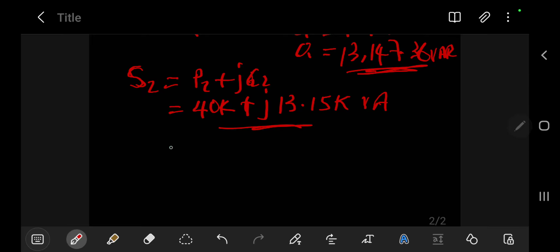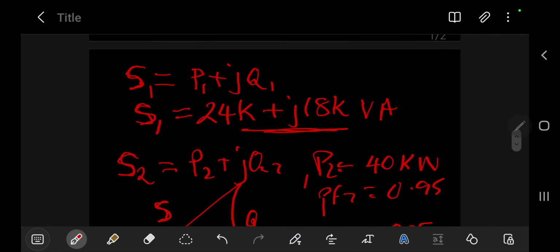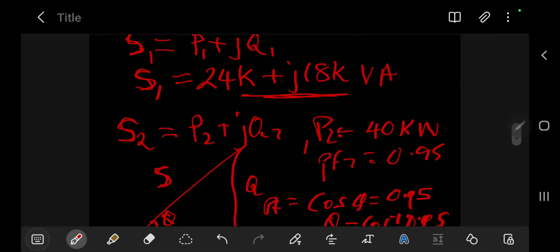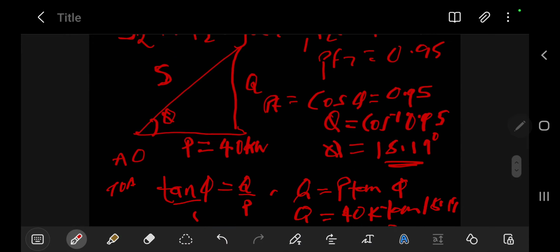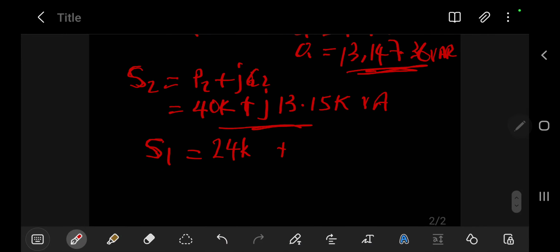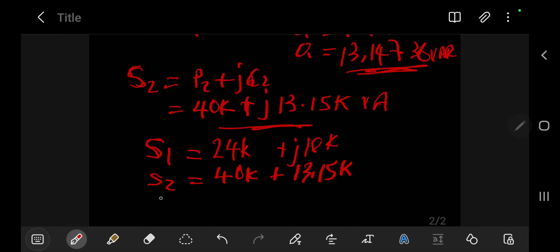So S1, usually given as a boldface letter, is 24K plus j18K volt-ampere. Then S2 is what we found there, 40K plus j13.15K. All this is in volt-ampere.